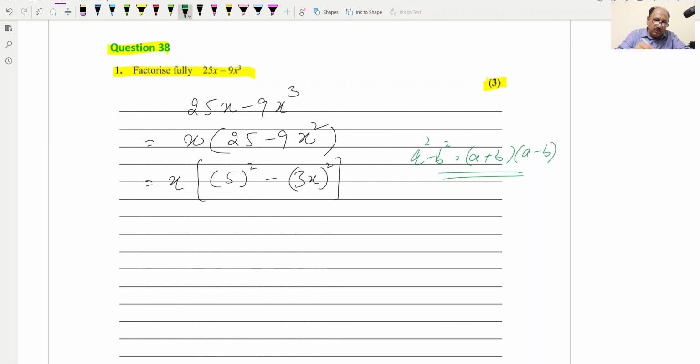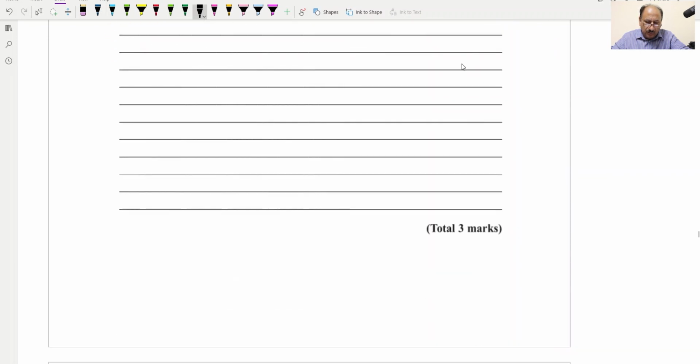By this formula we can rewrite it as x times 5 plus 3x and 5 minus 3x, and this will be the final answer for 3 marks. Hopefully you understood this. This is the factorization which we have done.